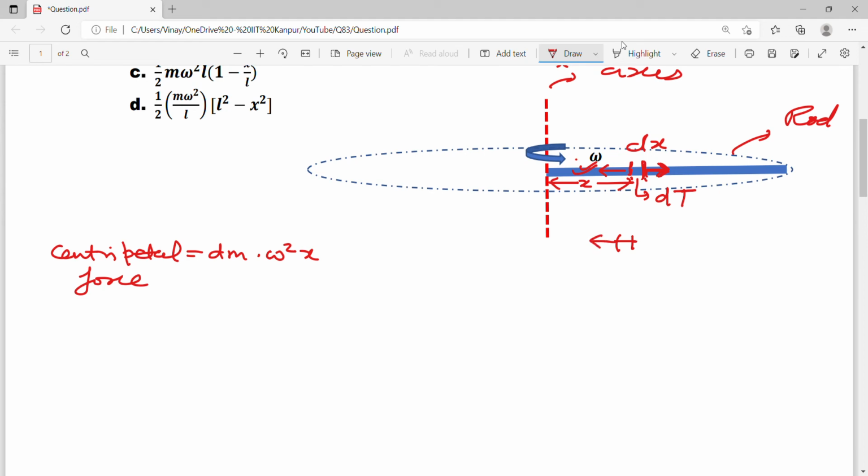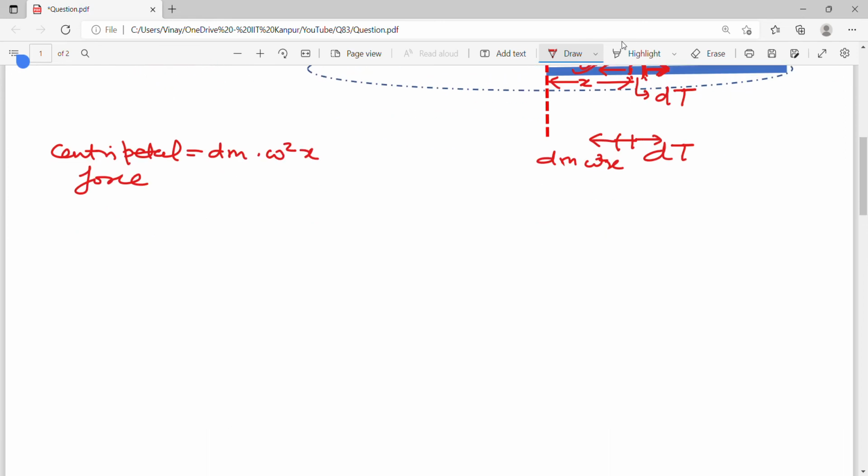If you draw the FBD, it is going to be dm omega square x, and on this side it is going to be dt. When you balance it, since they are on opposite sides, you can assume that this will be balanced by minus dt. Do not think that because they are on opposite sides they should just be equal. No, not like that.